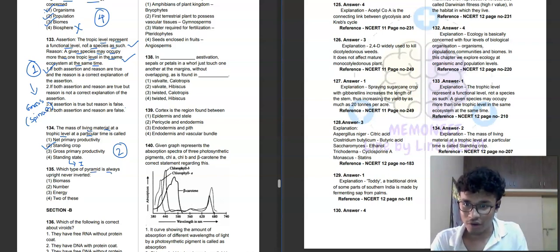Which type of pyramid is always upright and never inverted? Biomass, number, energy, or two of these. The pyramid of energy can never be inverted. Why? This is according to Lindeman's 10% law.